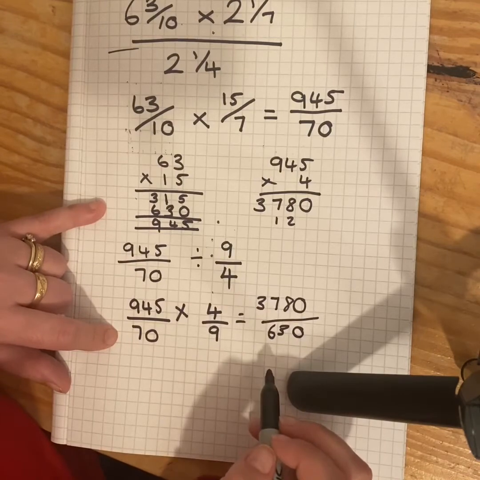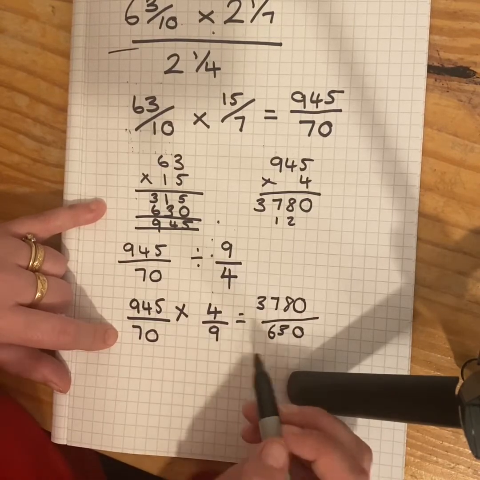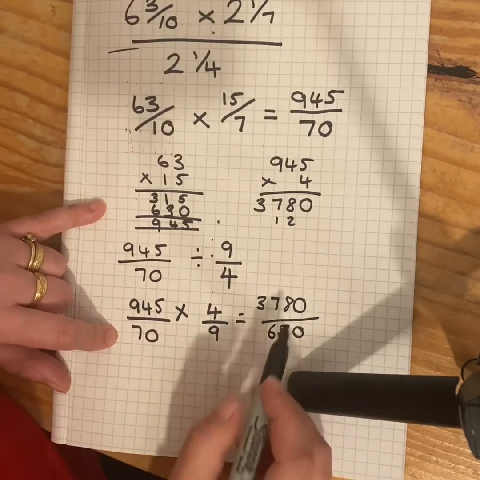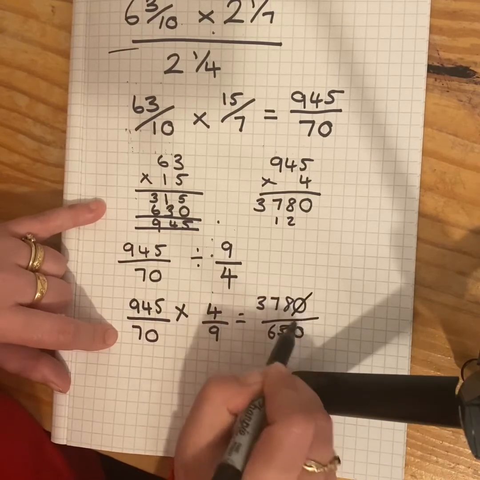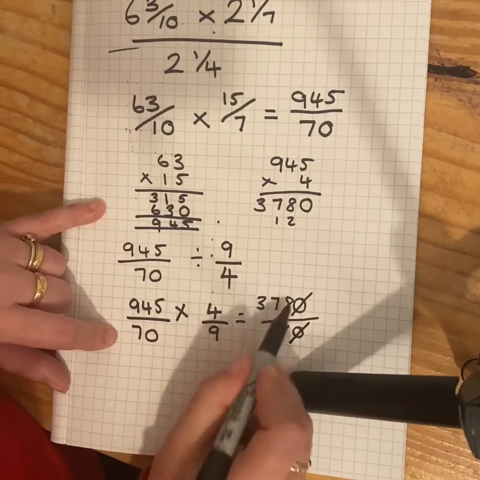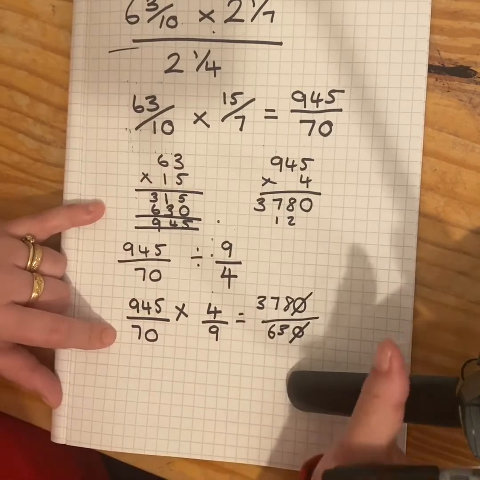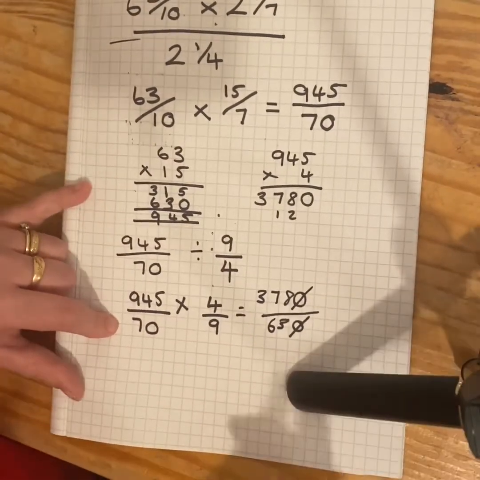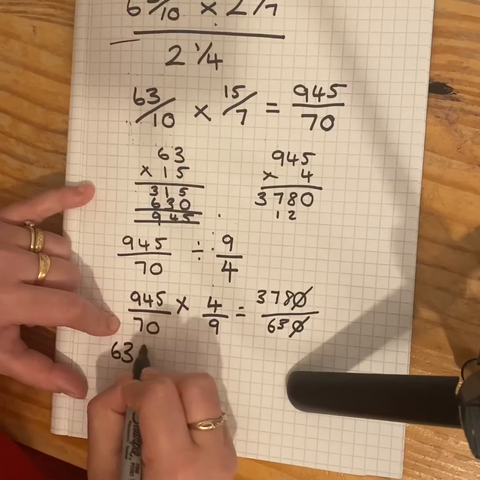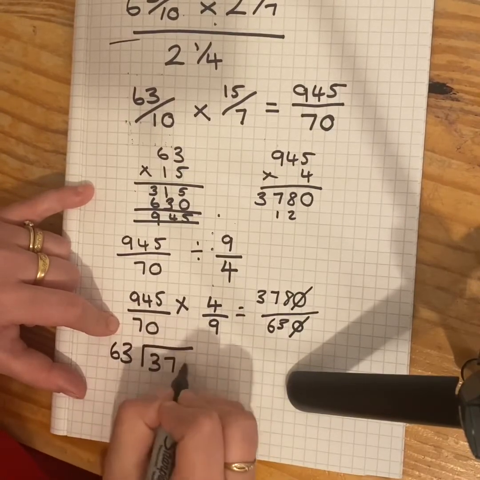And then we need to simplify. Could leave it like that, or we could simplify. So first of all, I'm going to divide both by 10. So I'm going to take off my zeros. And then I need to find how many 63s go into 378. So I need to do some long division. So 63 into 378.